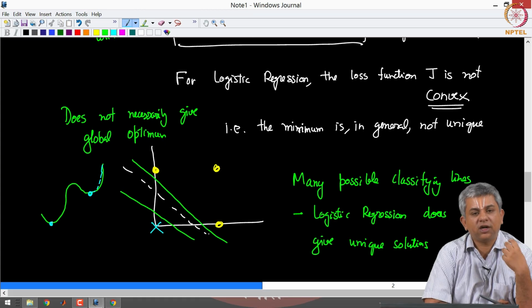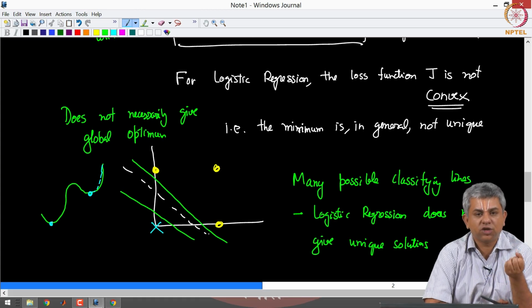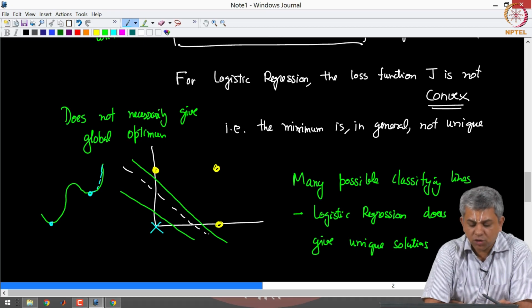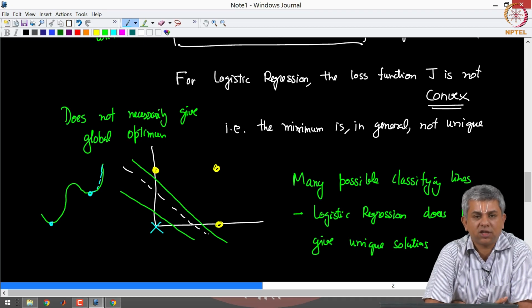So, this is true whether it is logistic regression or whether it is neural networks, which we will see shortly in future videos. But for linear regression, typically if you converge, you will converge to only the global optimum, because there is only one optimum, because it is a convex function. So, this is important for you to remember, that logistic regression does not necessarily deal with convex loss functions.